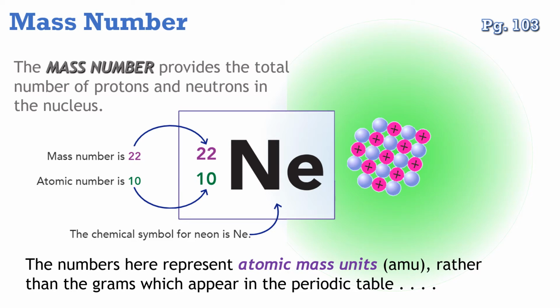In a neon-22 nucleus, there are 22 atomic mass units: 10 protons, because of course it's neon, but also in addition to those 10, an additional 12 neutrons, making a total of 22 atomic mass units. And the numbers as they appear here are different than the grams which appear in the periodic table. So we don't want to confuse the atomic mass units of an individual atom or type of atom with the grams of matter in a sample of matter, which also appears in the periodic table.